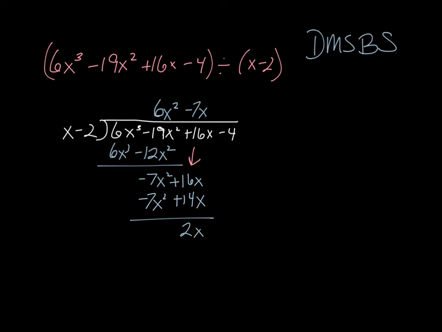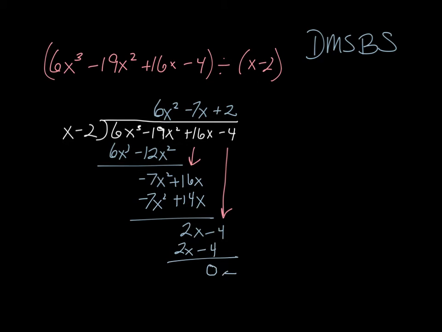We're almost done here. Now we're going to bring down. So we've got negative 4 out here. Start over, we divide. 2x divided by x is 2. Multiply: 2 times the whole binomial is 2x minus 4. And when we subtract, we get 0.